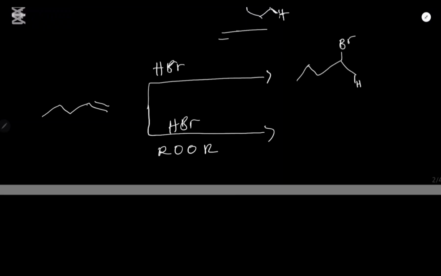This will undergo anti-Markovnikov addition, meaning the hydrogen will go to where there are fewer hydrogens and the bromine will go where there are more hydrogens. So our answer here is this.